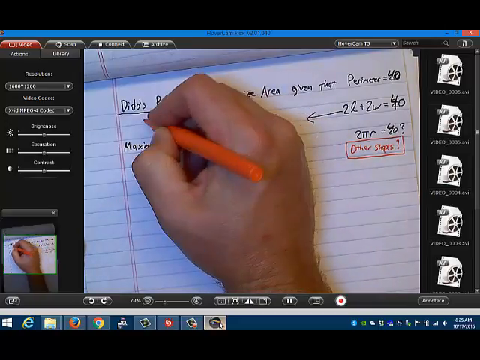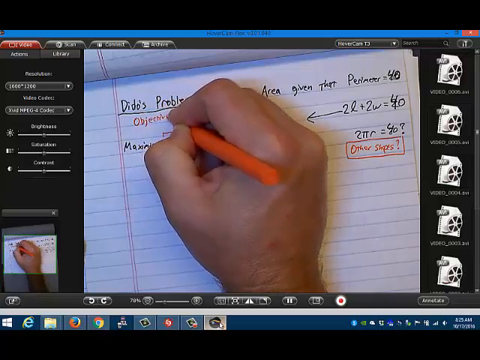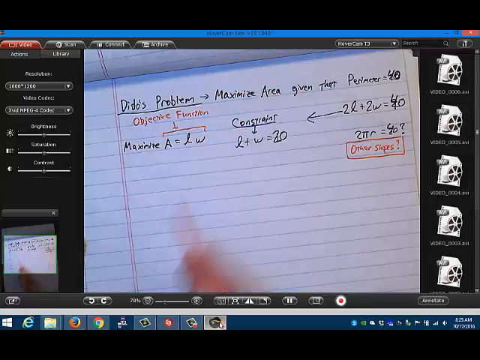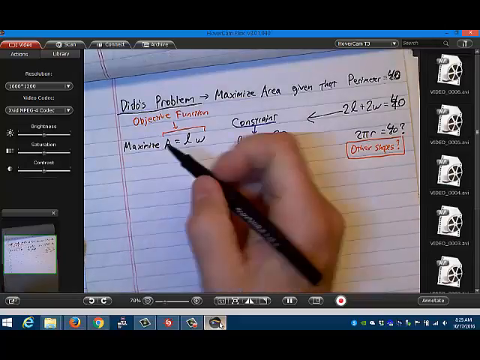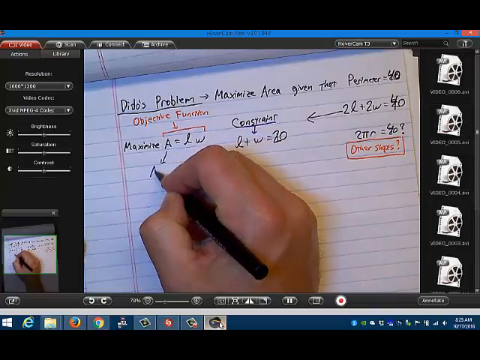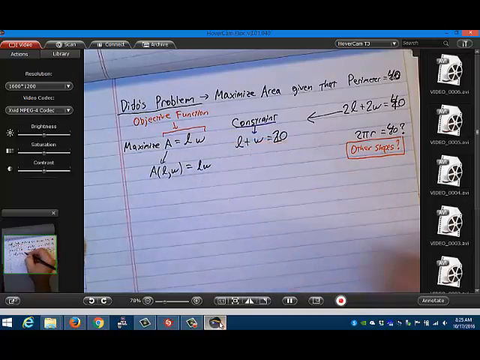This is going to become the objective function. Now the problem is, as I said, my objective function A right now is a function of 2 variables, right? A of L and W. And that's a problem.